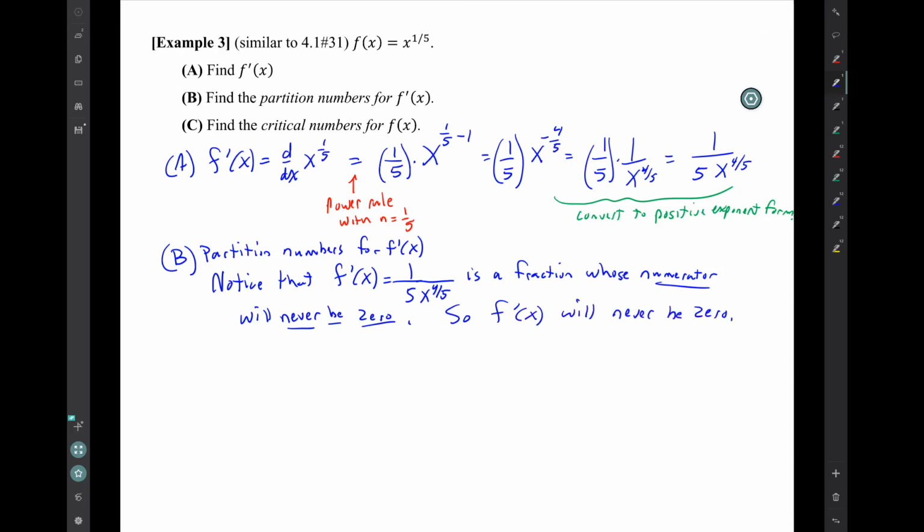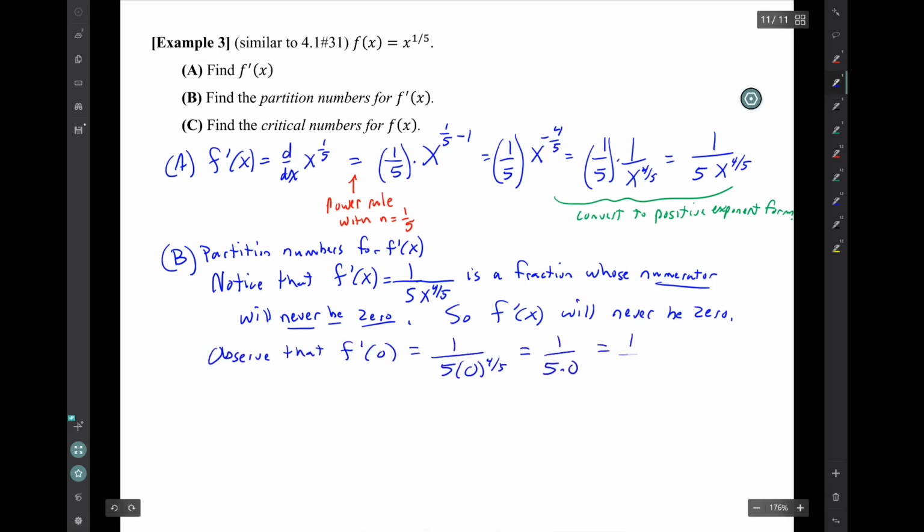Now, are there any x values that cause f prime of x to be undefined? Well, notice that f prime of 0 does not exist, so therefore x equals 0 is the only partition number of f prime of x.